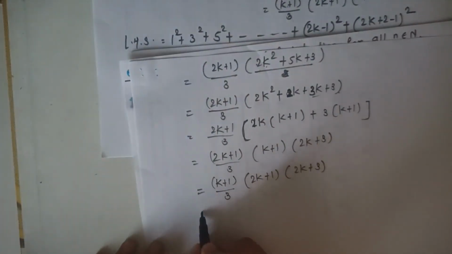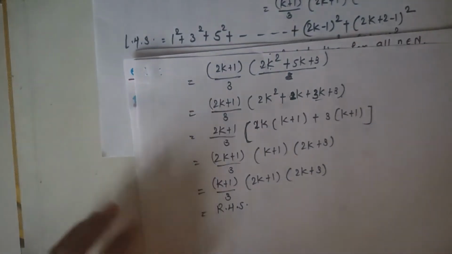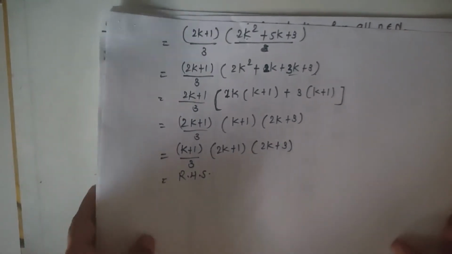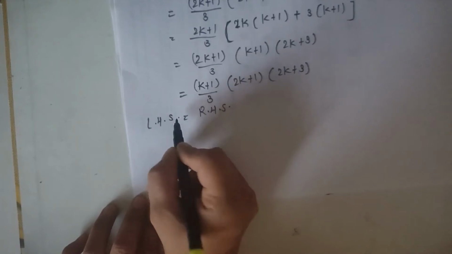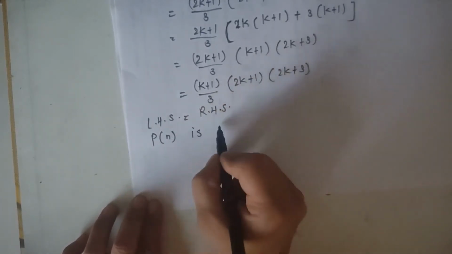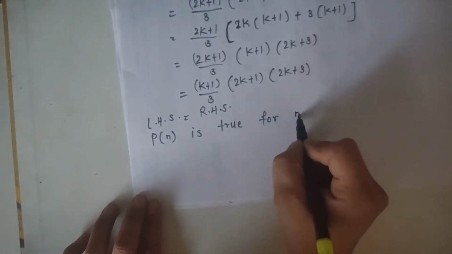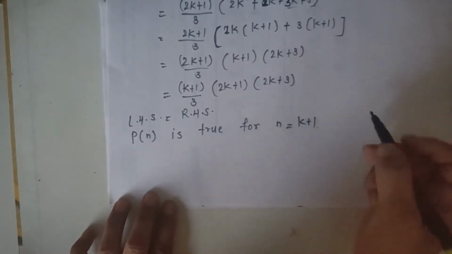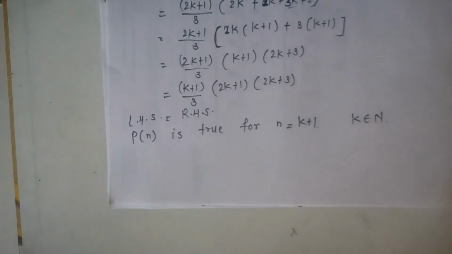So here LHS is equal to RHS for n equal to k plus 1. We can write LHS is equal to RHS, and so P of n is true for n equal to k plus 1. Here k belongs to the natural numbers.